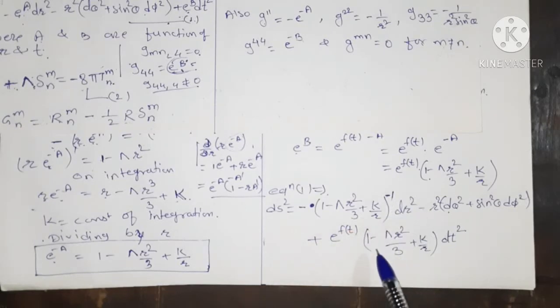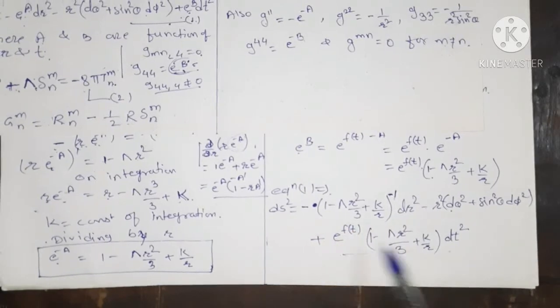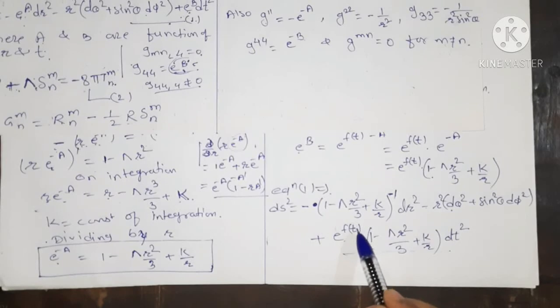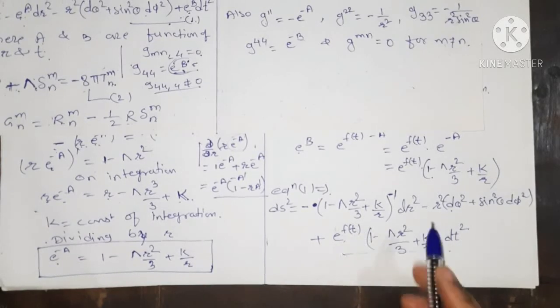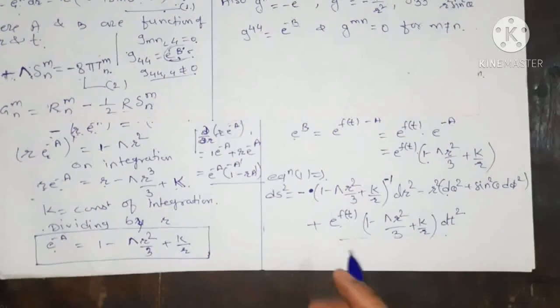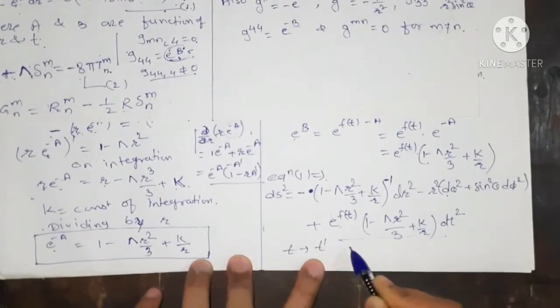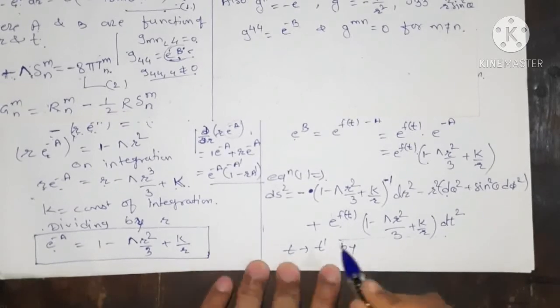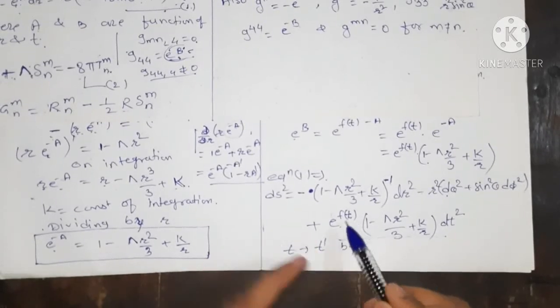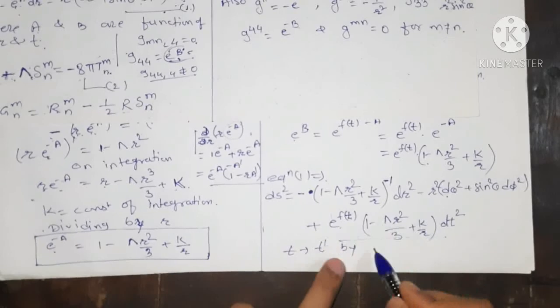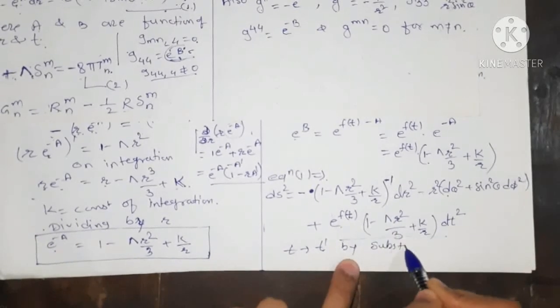Now as this last term depends on t, we change the form, that is, we change t to a new coordinate t dash by some substitution.